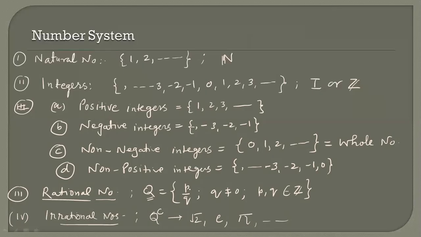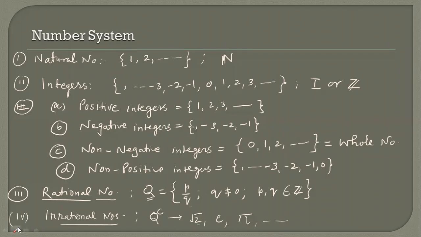These numbers cannot be represented in the form of P by Q, where P and Q are integers. Irrational numbers are neither terminating nor expressible as recurring decimals.